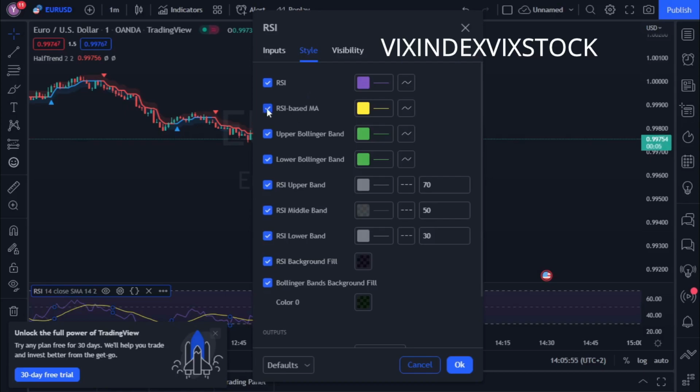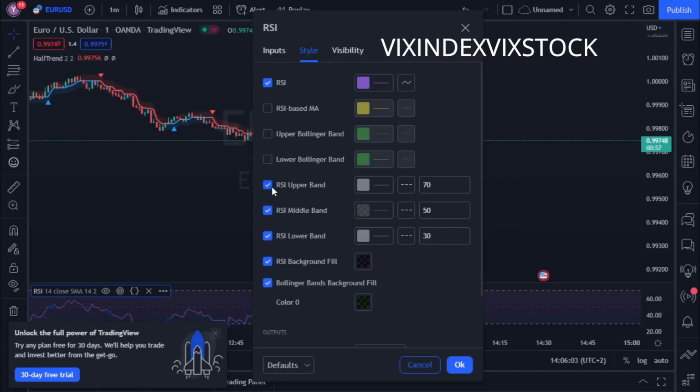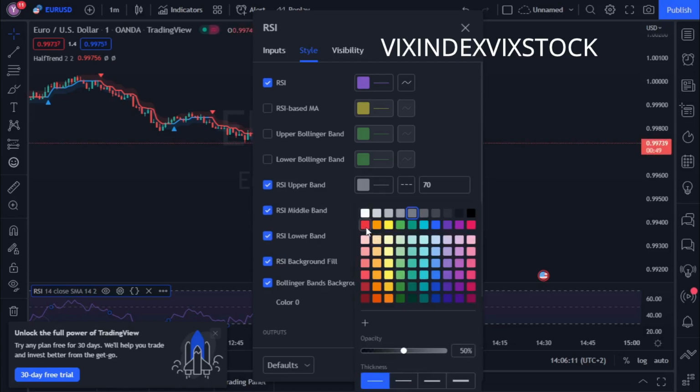Then we are going to uncheck that so that we remove the yellow line there. You can maybe uncheck some of these things. We don't really need them, but when it comes to the middle band here, we are going to put a visible color there, maybe something like that, and we're going to increase it like that.